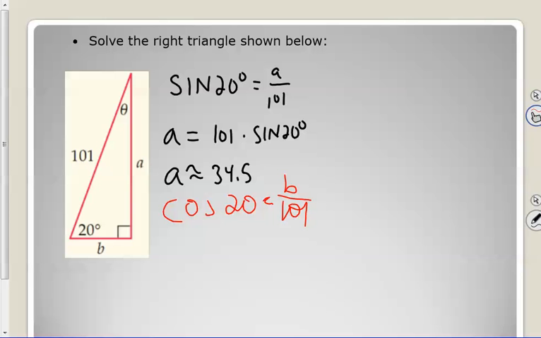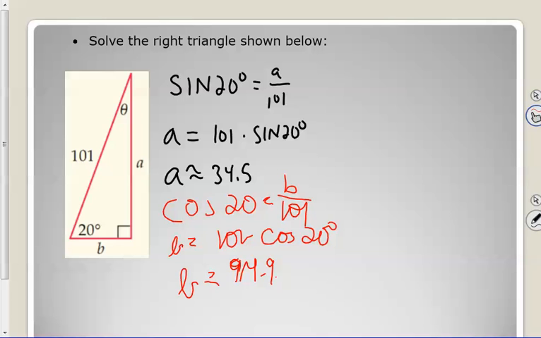And so then now B is equal to 101 times the cosine of 20 degrees. And when I do that, I get B to be about 94.9. That is the worst 9 I've ever seen. 94.9.